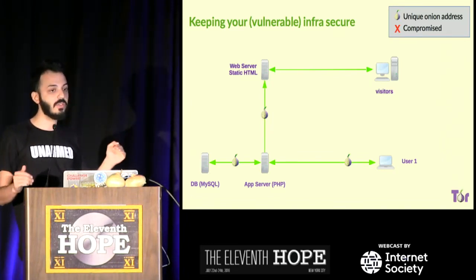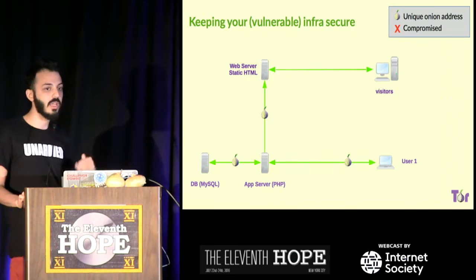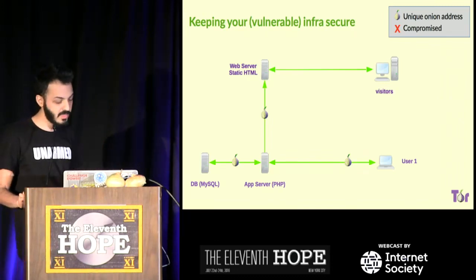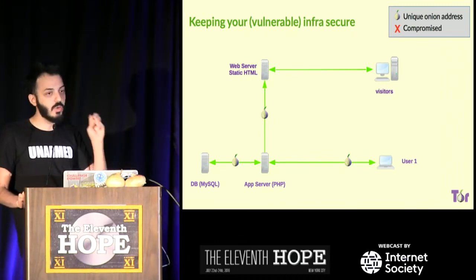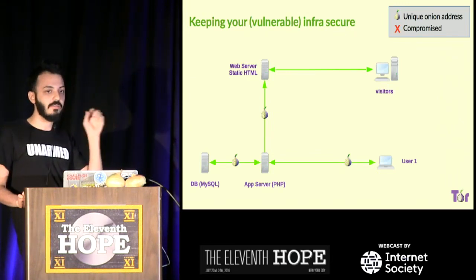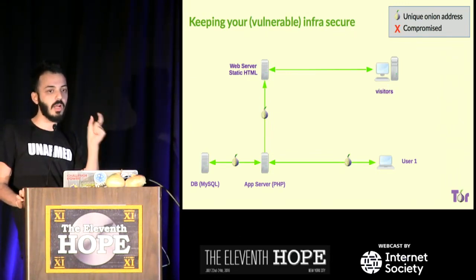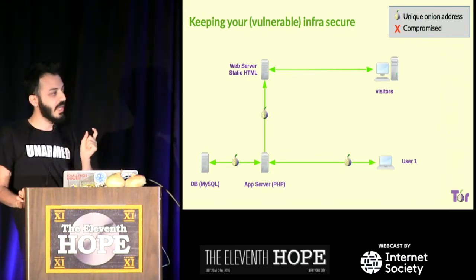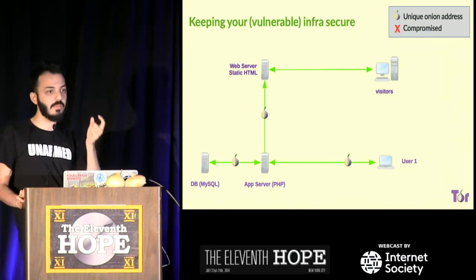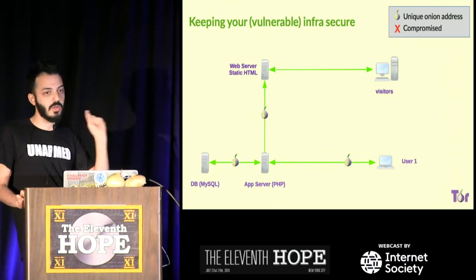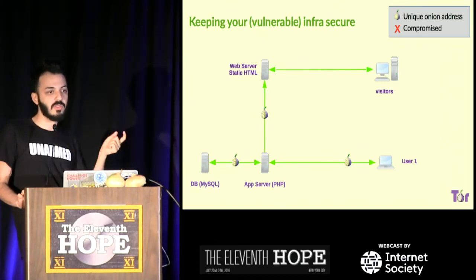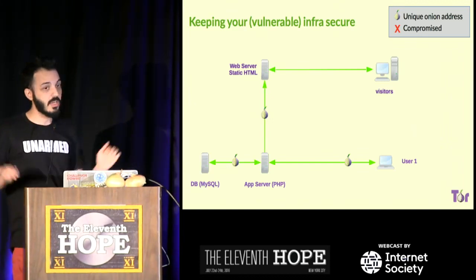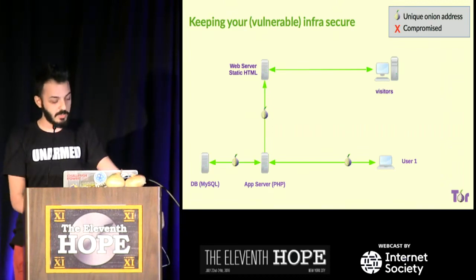And especially if you use stealth mode, as I explained in previous slides, you need a very unique Onion address and the key to be able to connect. So even if somebody finds the Onion address of your database, they are not going to be able to connect to it. It makes it much harder.